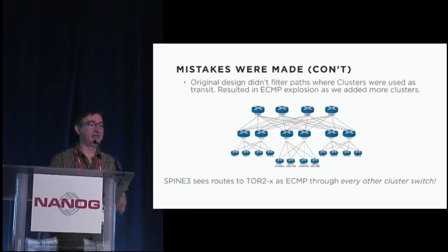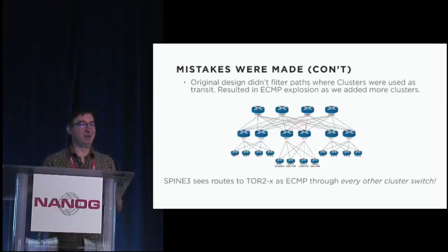So we saw a situation where a fabric lost connectivity to a particular cluster. Now granted, no traffic would hit that spine because it doesn't have a route there, but in that spine device's routing table, its best route to hosts in that cluster was an ECMP path through every other cluster in the switch via all the various spines.